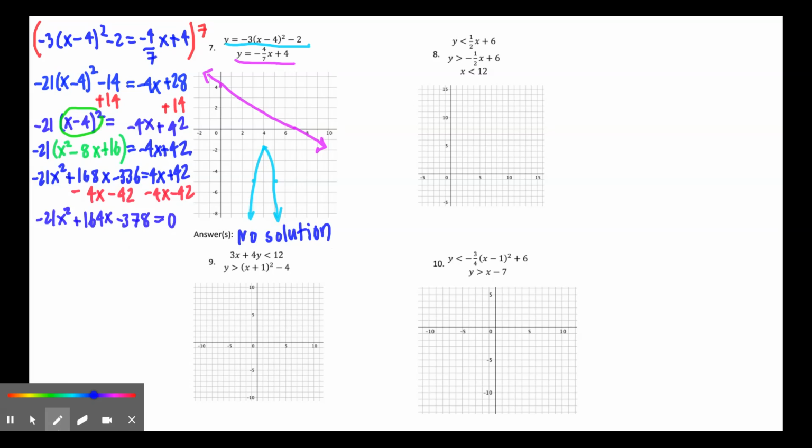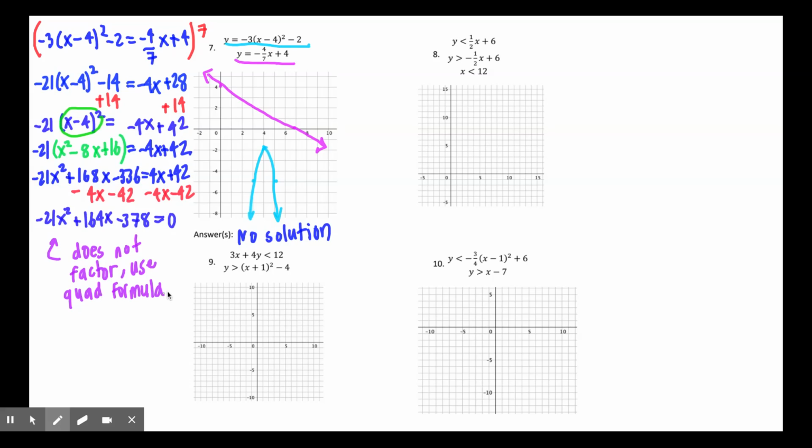Though this does not factor, so write that here. Okay, so does not factor. And so if you use the quadratic formula, what happens is you'll get a negative underneath the square root, right?